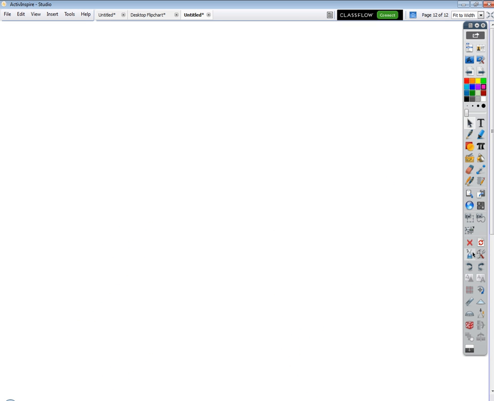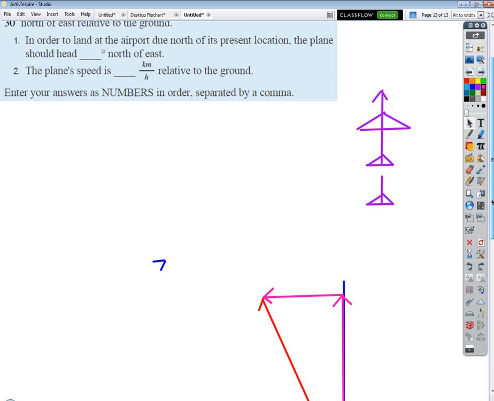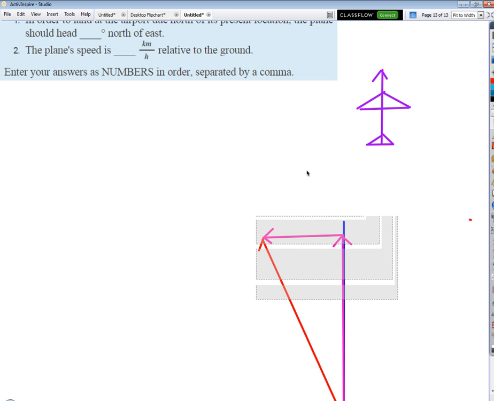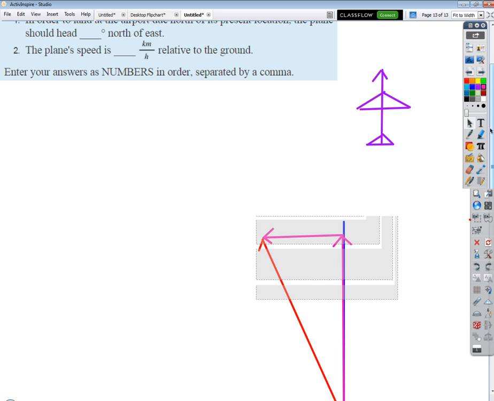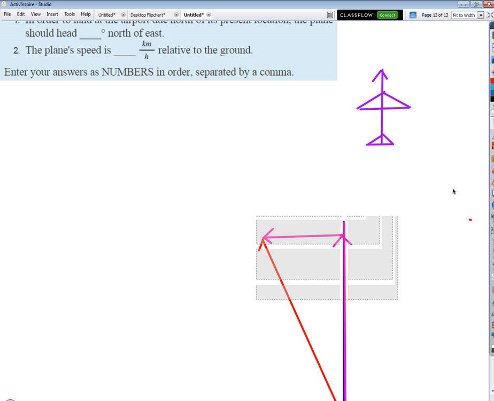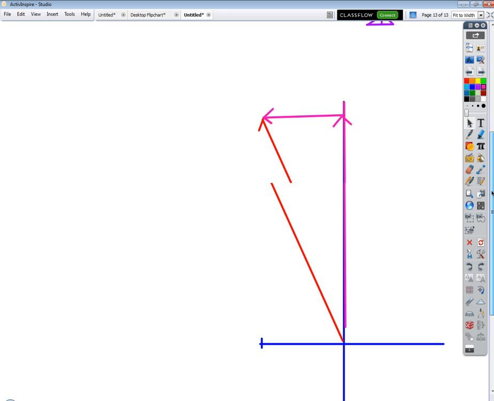Actually, I like that one. I'll keep that one. Okay, so now if the... oops. Oh my gosh, what am I doing? What did I do? Oh, there we go.